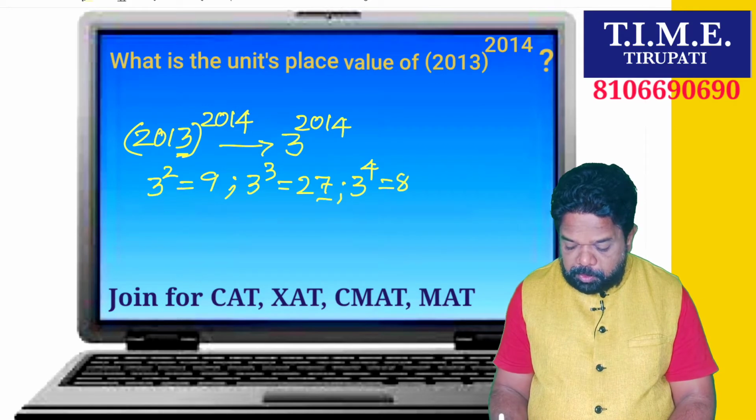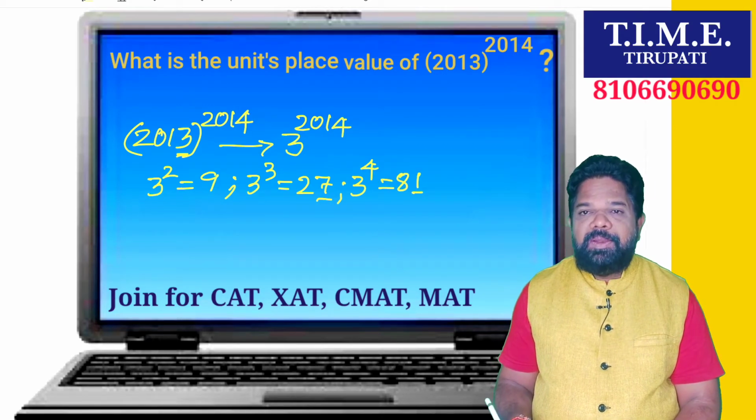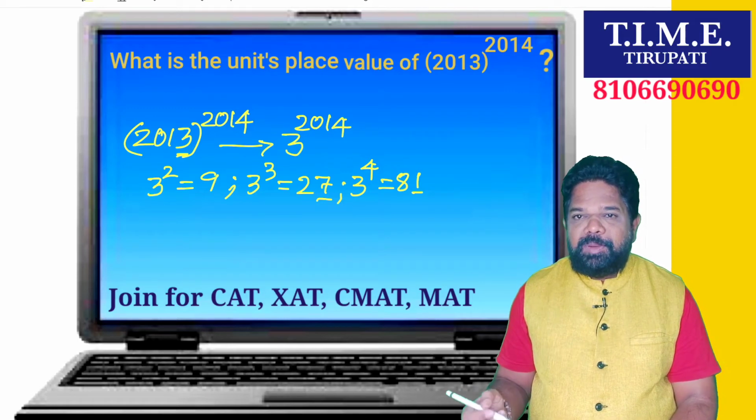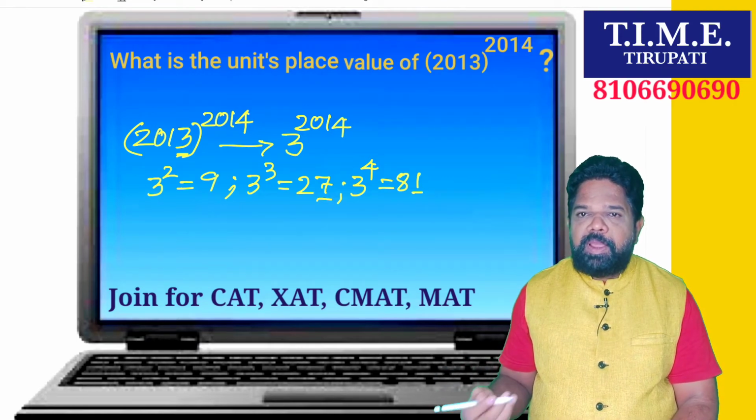So 3 power 4 is 81. In 81, 1 is the units place value. Means 81 into 81 into 81 into, if you multiply infinite number of times, we get the same digit as units place value.